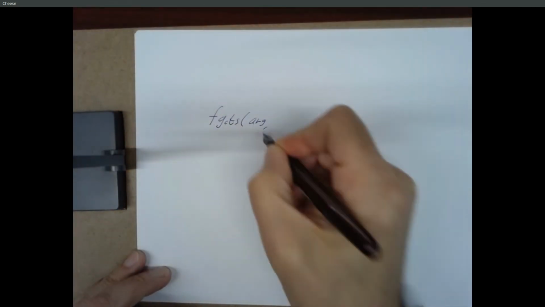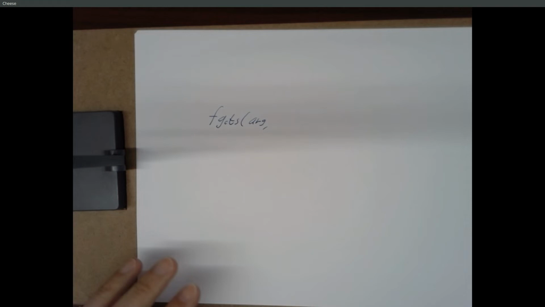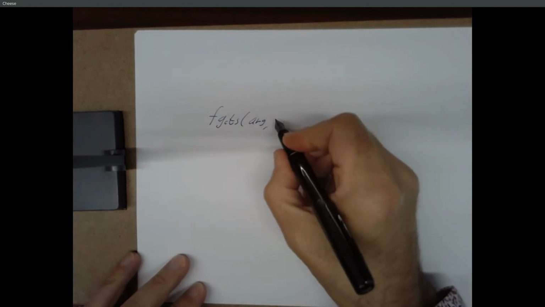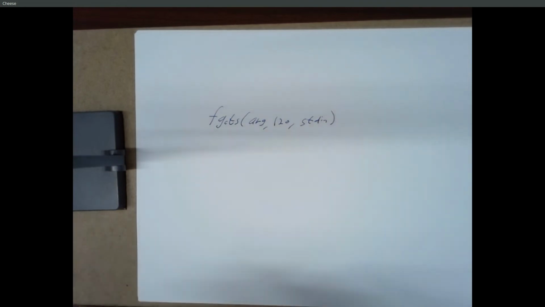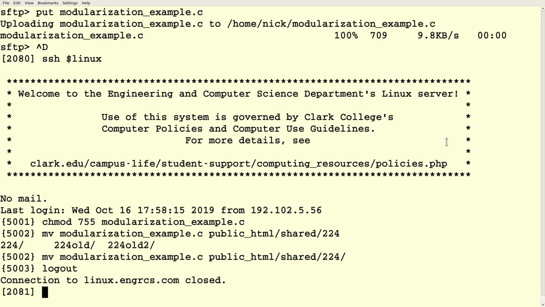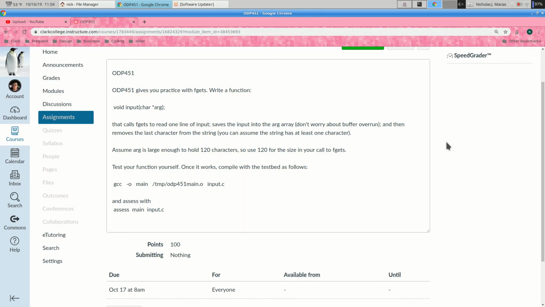You make your first variable arg, and I comment in there, you can assume that arg is at least 120 characters in capacity, so you can set this to 120. And then your third argument is always going to be standard in. So that's precisely your fgets call that you want to use inside your input function. And then go ahead, chop off the last character from arg, and just return.